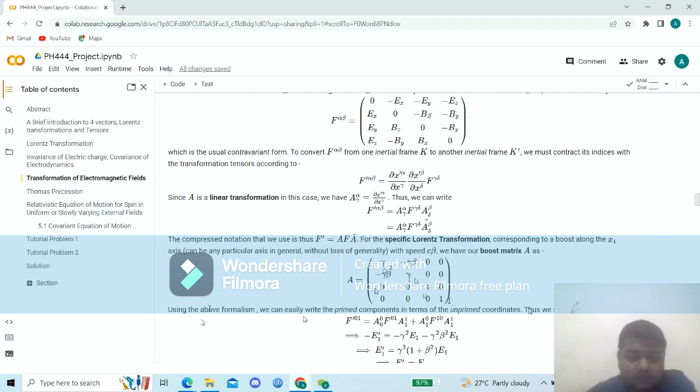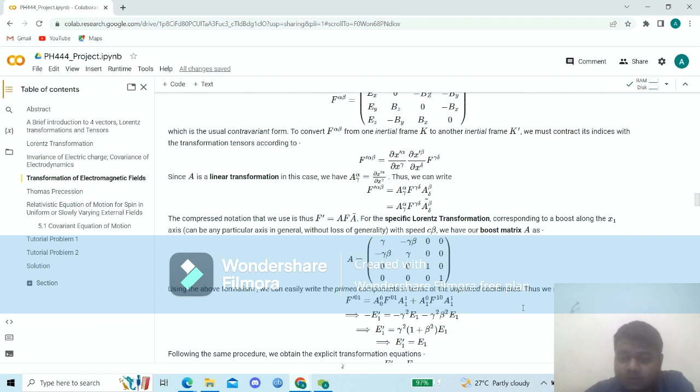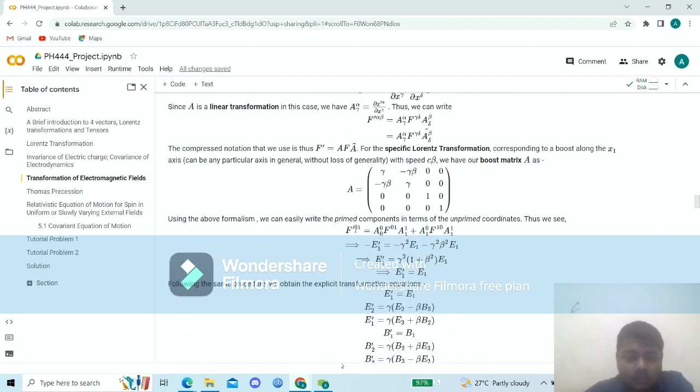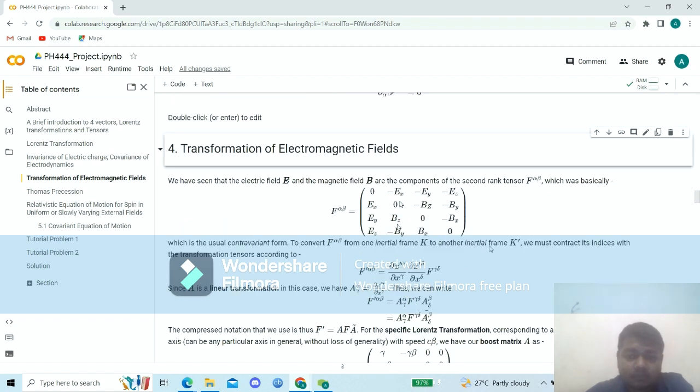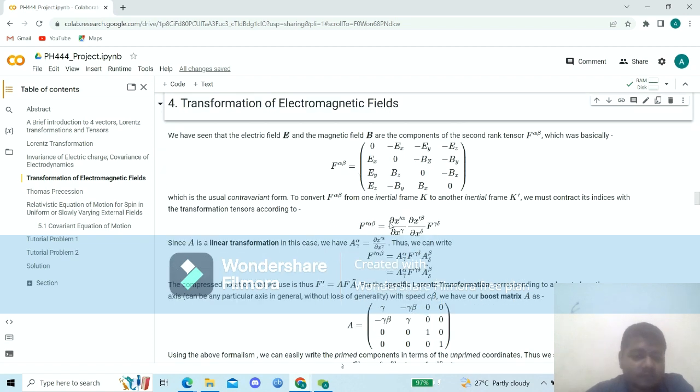So using the above formalism, we can easily write the primed components in terms of the unprimed components. So we see that F prime of 0 1 is basically the first component, where prime means the prime coordinate system.